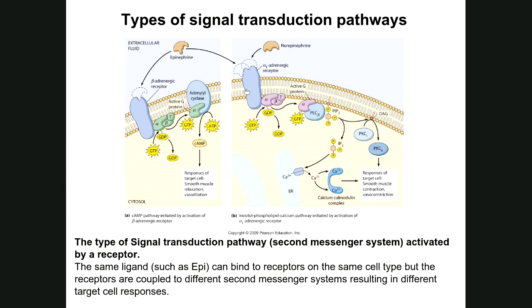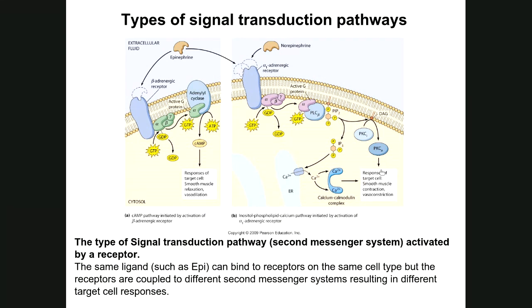And look at epinephrine. It's showing you how epinephrine can bind to receptors on these target cells over here that are smooth muscle cells, or it can bind to these receptors on these smooth muscle cells here. Now, it depends on where the smooth muscle cells are located. You'll find smooth muscle cells in two popular areas: in the walls of your blood vessels and in the walls of your respiratory tract, your airway.